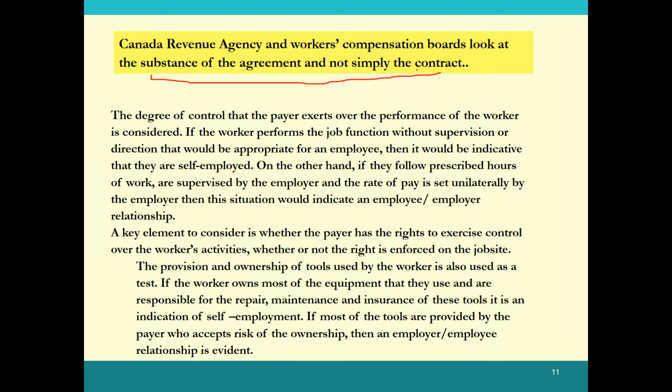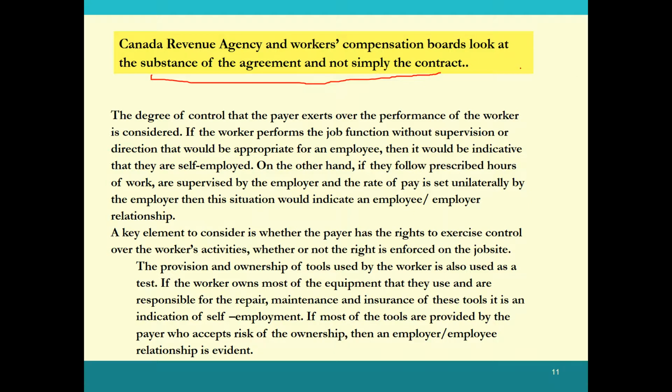Or sometimes a person applies for employment insurance benefits and they say no, you are not eligible, even though you think you are an employee, because you seem to be self-employed as the employer does not have any control over you. You can work on your own schedule whenever you like, and that kind of stuff. Okay. So, this is a good reading I put.